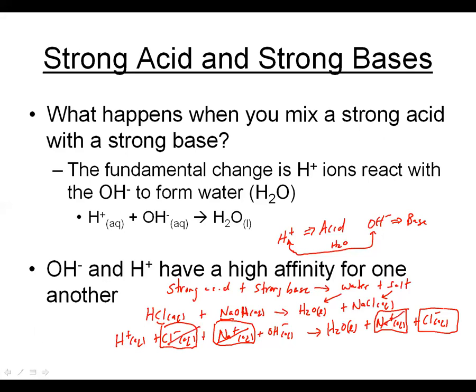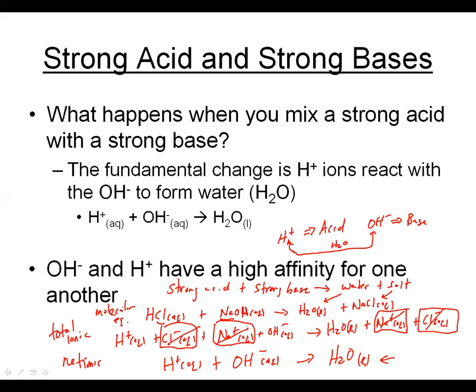And this gives you our net ionic equation, which is H plus from the acid comes together with OH minus from the base. And the fundamental reaction that happens whenever you take a strong acid and strong base is this formation of water. And that's a driving force for a reaction, is that formation of water.